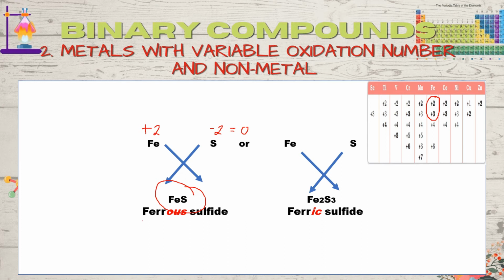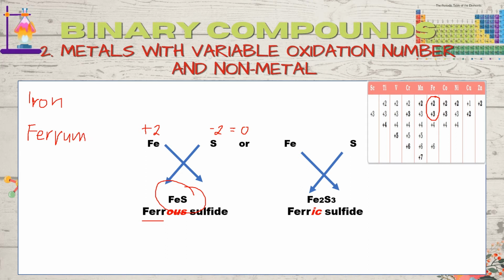Or bakit ganito yung kanyang name? So, iron came from the Latin word ferrum. So, ang Latin word po ng iron ay ferrum. So, from the rule po, sabi kanina, you use the Latin word ferrum. So, then you have to check kung ang ginamit na oxidation number ay lower or higher.